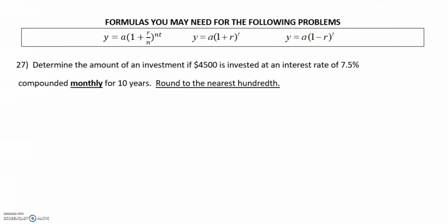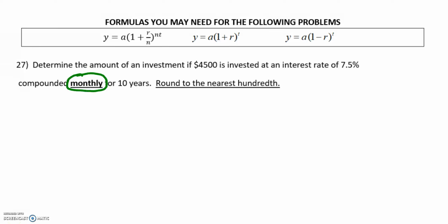Also from Chapter 7, a word problem using these growth and decay equations. And notice there's only one, so we need to figure out which one of these three we are using. Determine the amount of an investment of $4,500 if it's invested at an interest rate of 7.5% compounded monthly for 10 years.